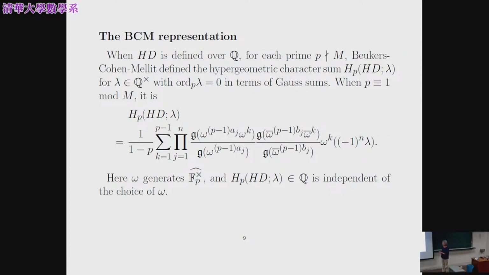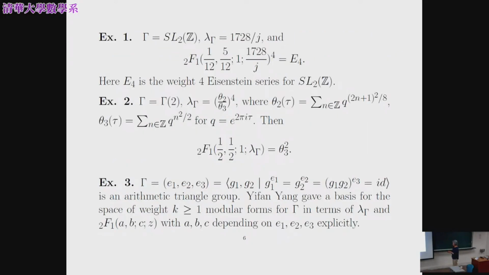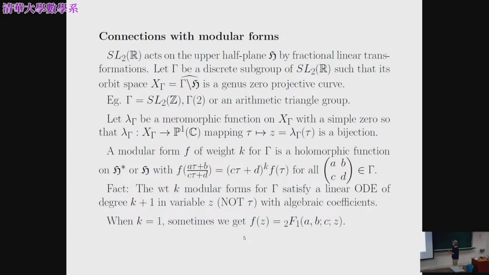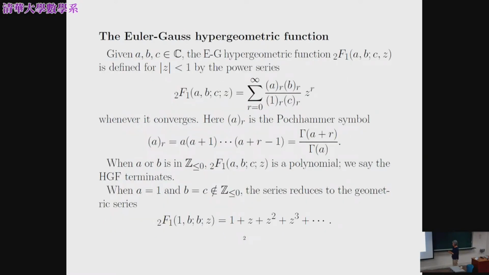Let me explain this a little bit. The definition here uses a Gauss sum. Before, it used a Pochhammer symbol, and recall that a Pochhammer symbol itself is a quotient of gamma function values, gamma of a plus r over gamma of a.